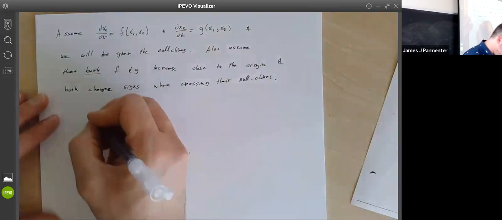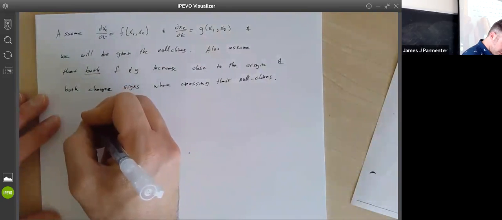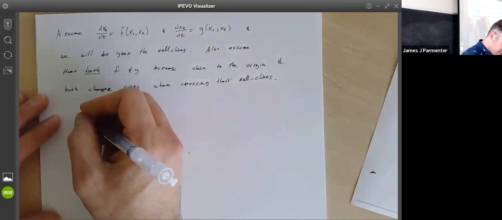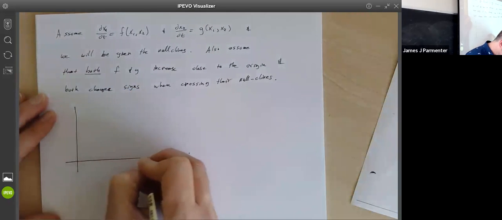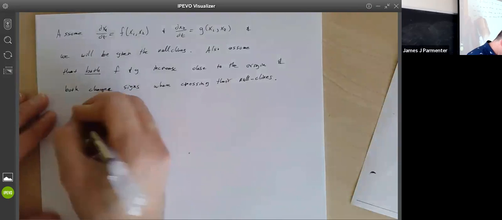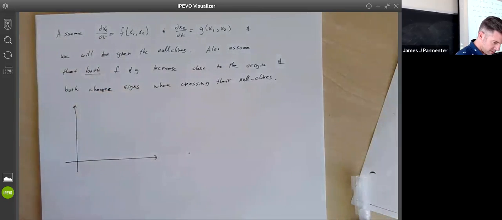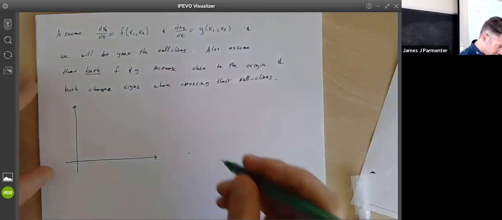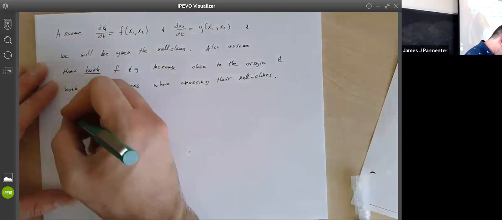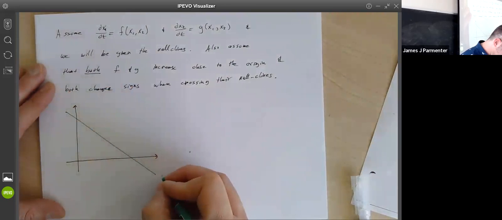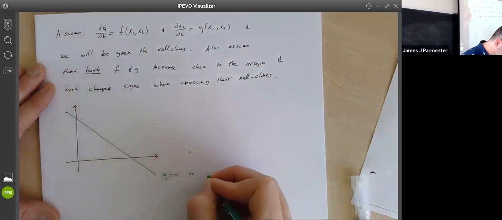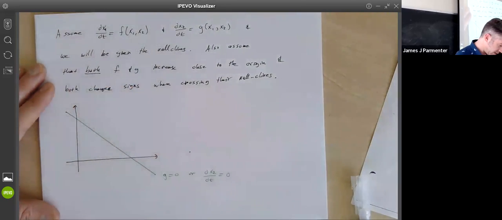So here is our drawing. Here is my G null line. This is where G equals 0, or if you prefer, dx2 dt equals 0.